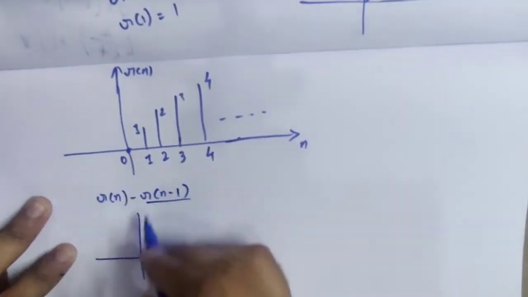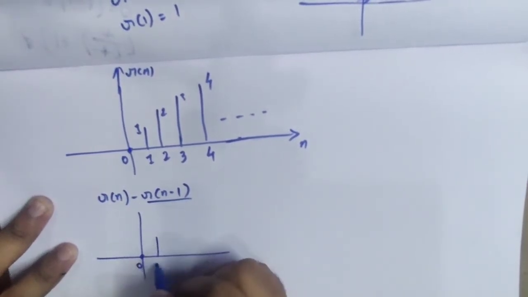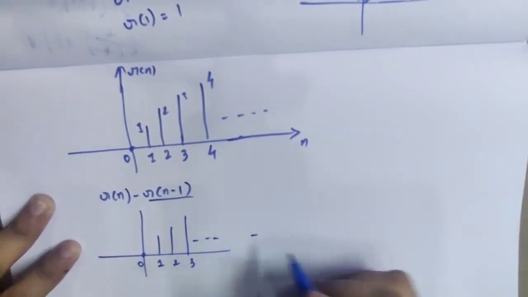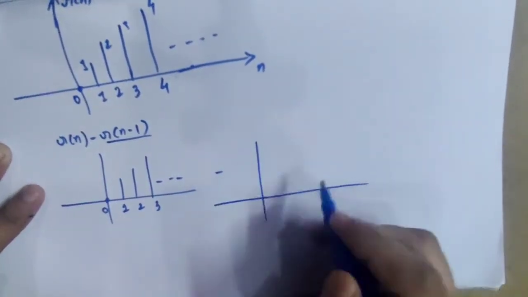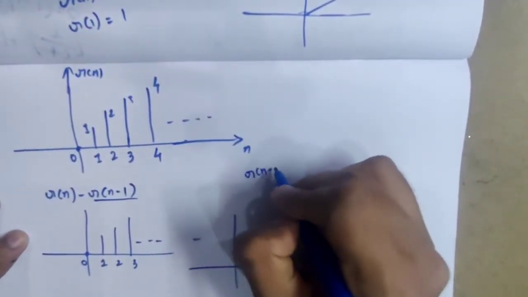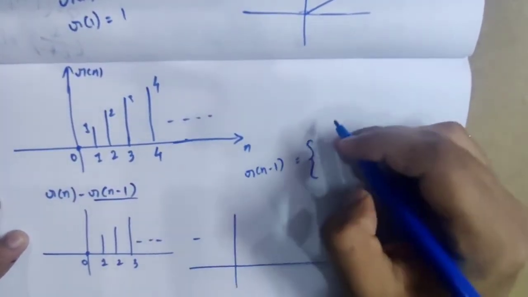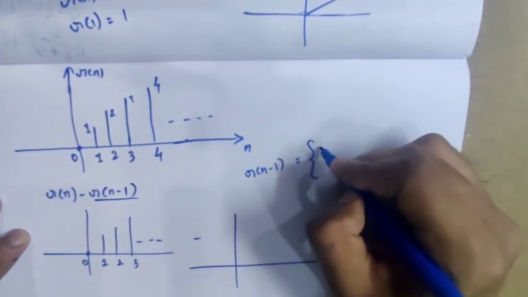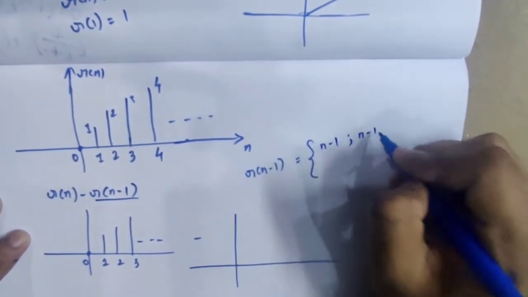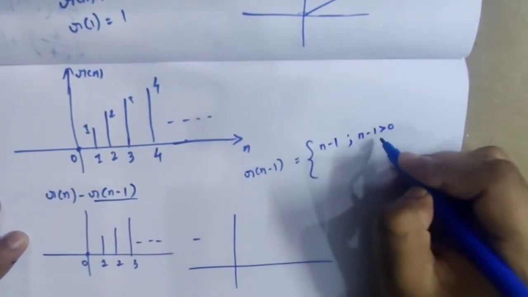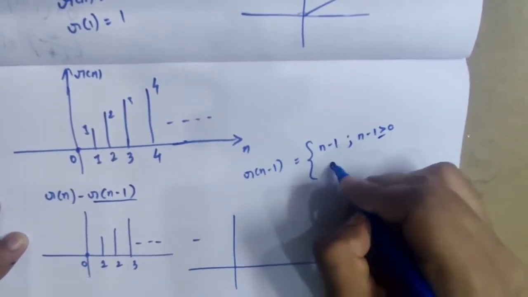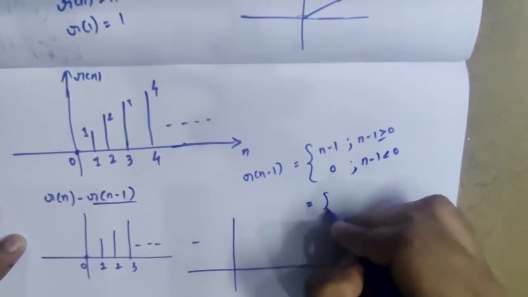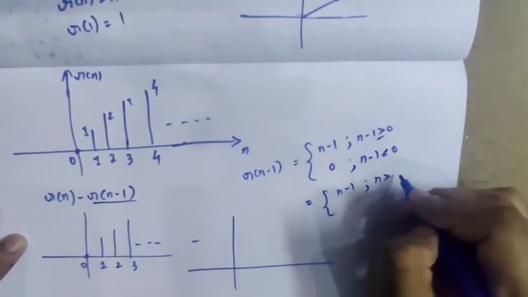This is r of n: 0, 1, 2, 3, and so on. r of n minus 1 is equal to n minus 1 for n minus 1 greater than or equal to 0, and 0 for n minus 1 less than 0. That implies n minus 1 for n greater than or equal to 1.